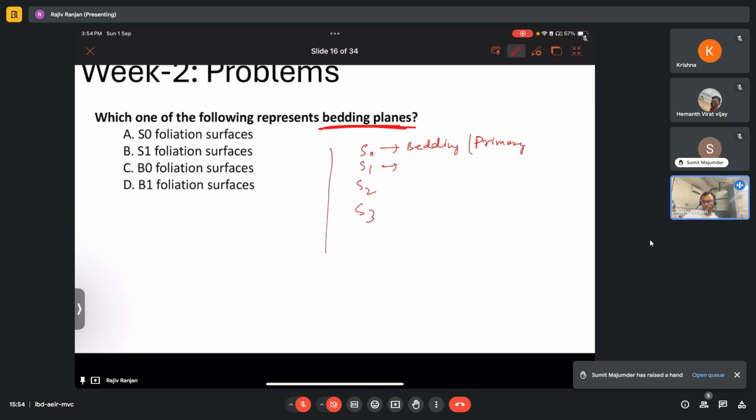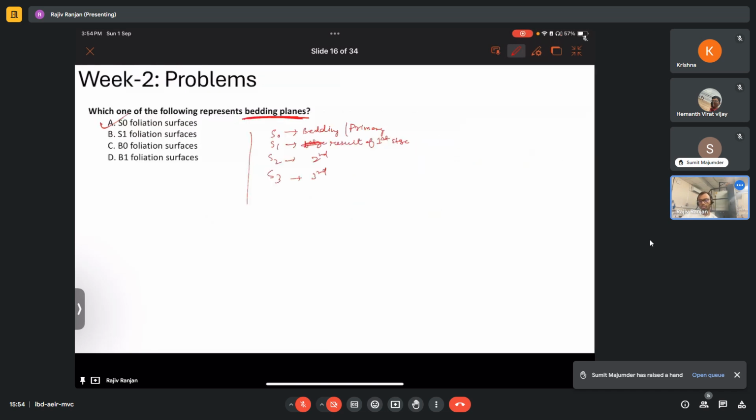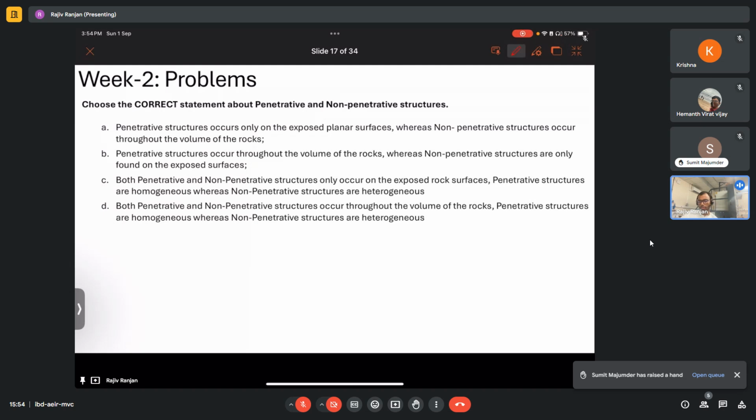And this is S1, the results of the first stage of deformation, and then this will be the second stage, and this will be the third stage, and it will go on and on. That is why we represent them as S0, S1, S2, S3, S4. We don't represent them as B1, B2, B3.